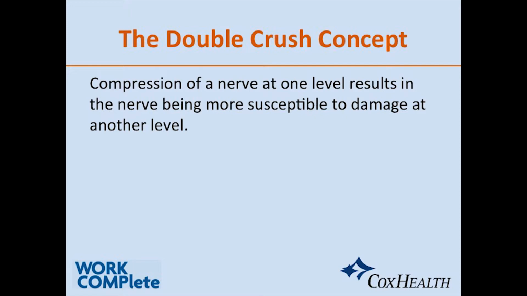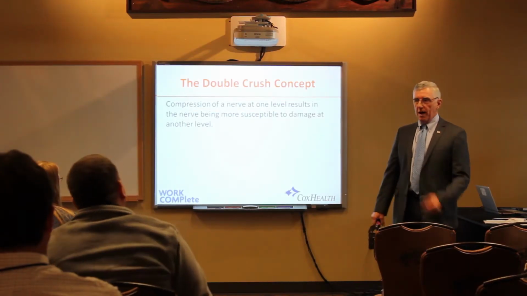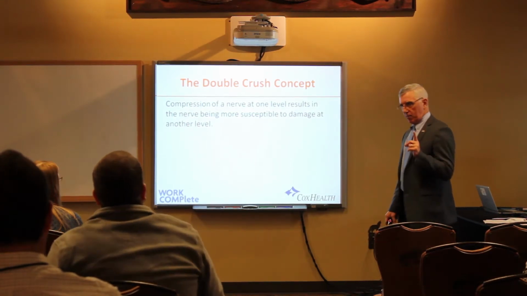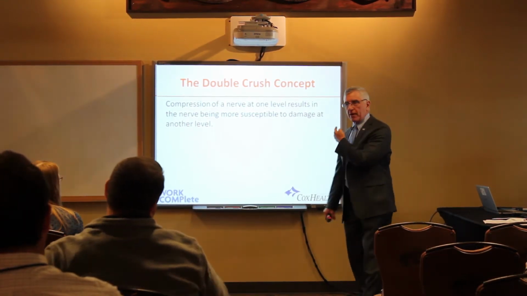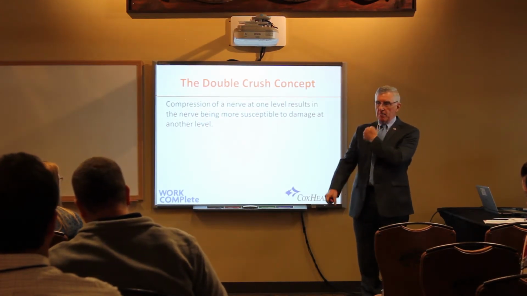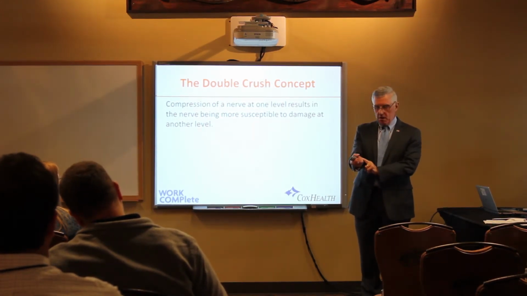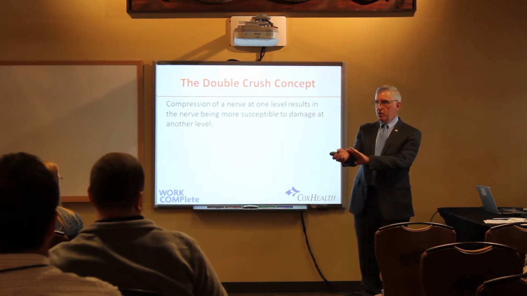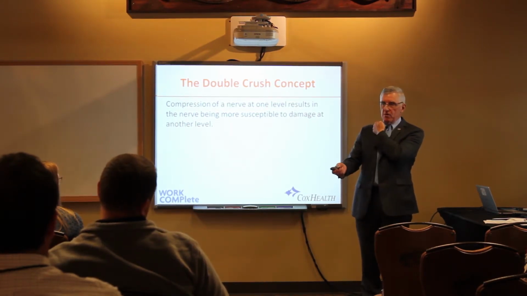Now, this leads to an idea called the double crush. It was noted in patients who had cervical injuries that they were more prone to develop carpal tunnel syndrome or pronator syndrome somewhere else. The reason, they speculate, is that compression on the microtubules in one area, let's say the cervical region, makes them more susceptible to damage distal to where the initial compression is.